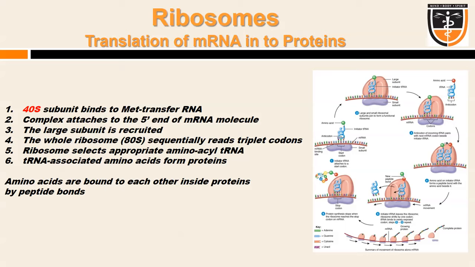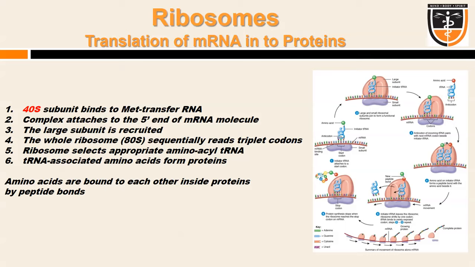The tRNA with the corresponding anticodon will bind to the second spot, and now the complex will stimulate the formation of a peptide bond between the two amino acids carried by the tRNAs.